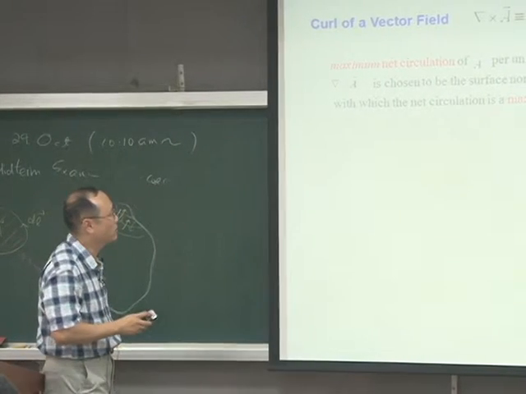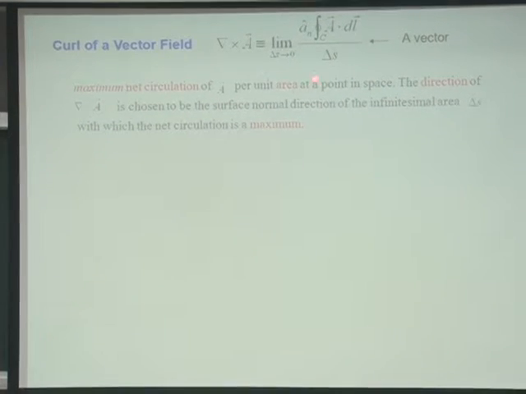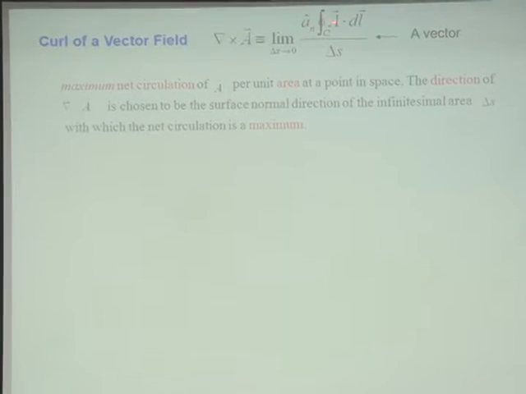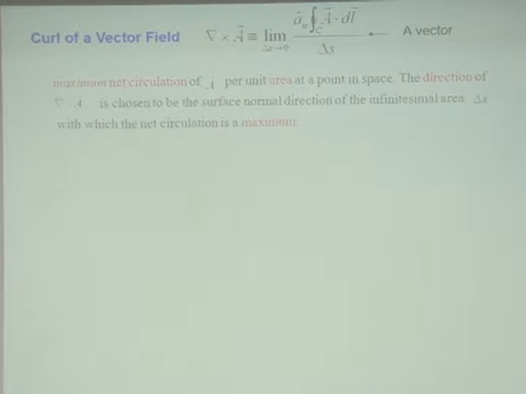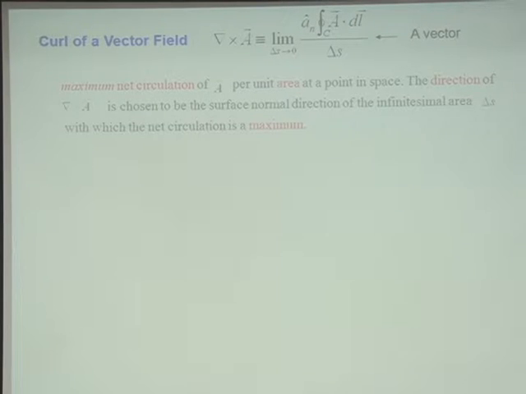So basically, when you do this circulation and divide it by the small differential surface, you have to choose the surface direction so that you get maximum net circulation for this calculation. So the curl of A is a vector, and it is the maximum net circulation of A per unit area at some point in space.